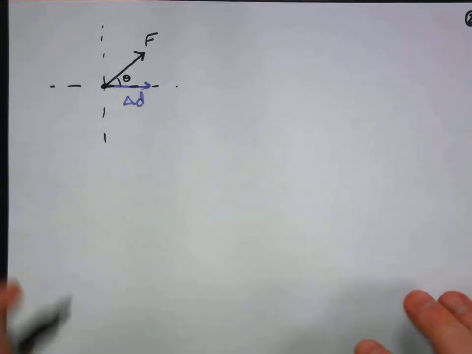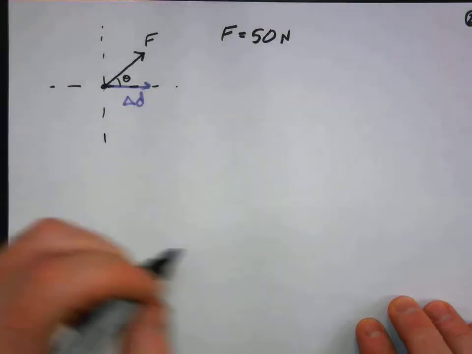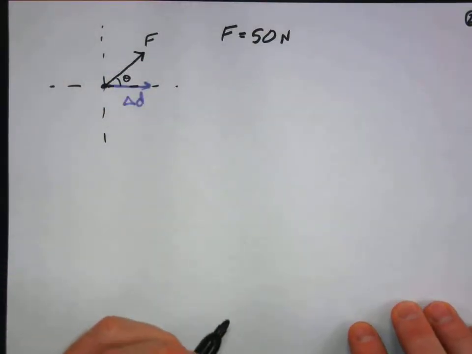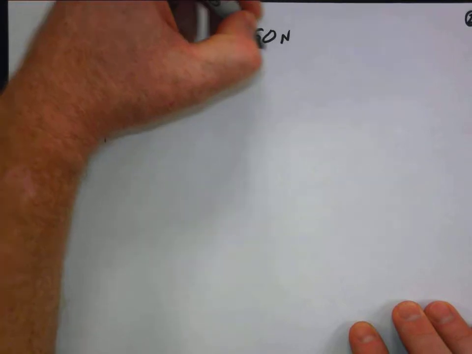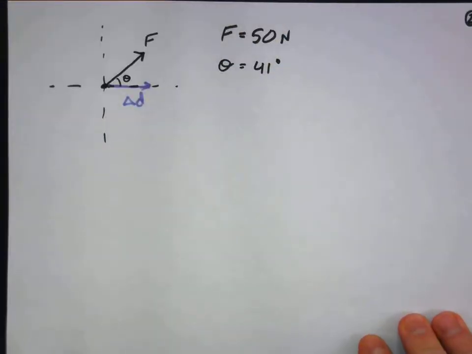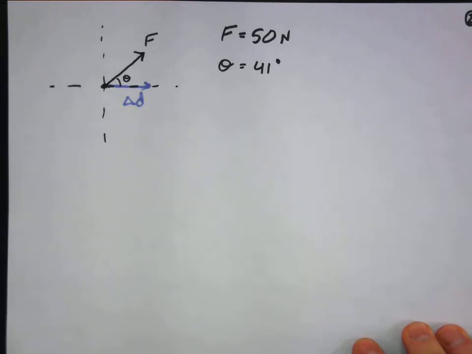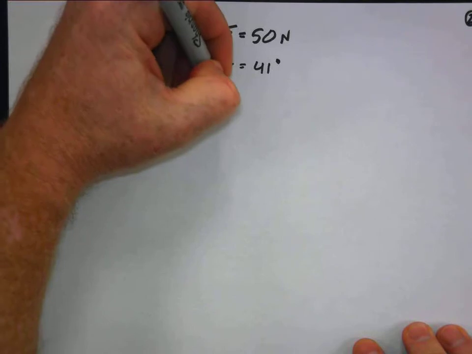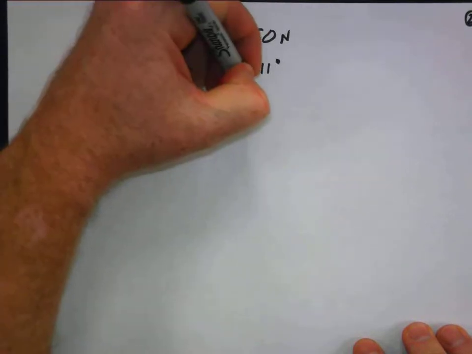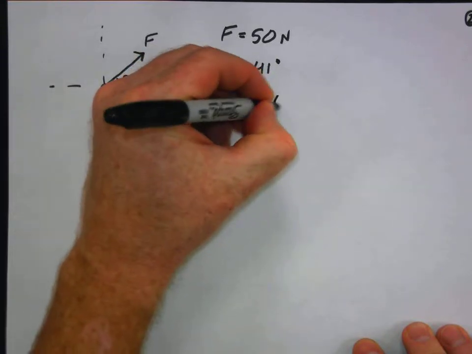So, if the force is 50 newtons, let's just give it some nice round number. And if the angle theta, let's just say, I don't know, 41 degrees above the horizontal, and the object moves in the positive x direction, then, well, let's give it an actual distance. Let's say its distance in the x direction is, I don't know, 10 meters.